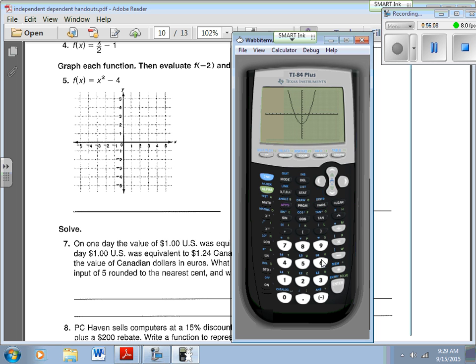Some of the calculators... Mine's still the same, but it's the same as that though. So did you hit zoom and scroll down to 6, Standard? Yeah.